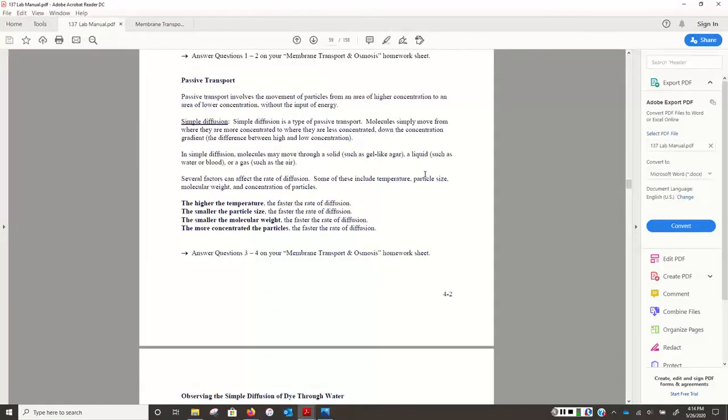So now we're going to start talking about how particles move around in solution. When we talk about things moving around, sometimes they do it completely on their own, or sometimes they require energy. When they do it completely on their own without any energy being needed, that's classified as passive transport. That's most of what we're going to be talking about in this lab.